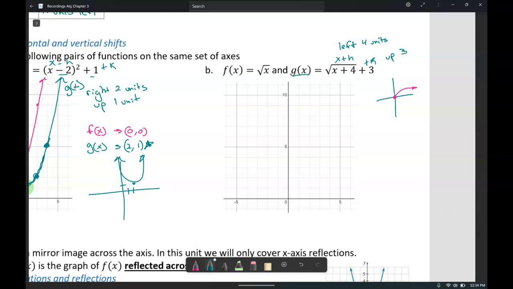So g of x will be located left 4 units and up 3 units. I know my new graph is going to be somewhere over there on the left. So if I know my parent function looks something like this, if I go left 4 units and up 3, I know where the new one's going to start, and I have a good general idea for what g of x is going to look like.